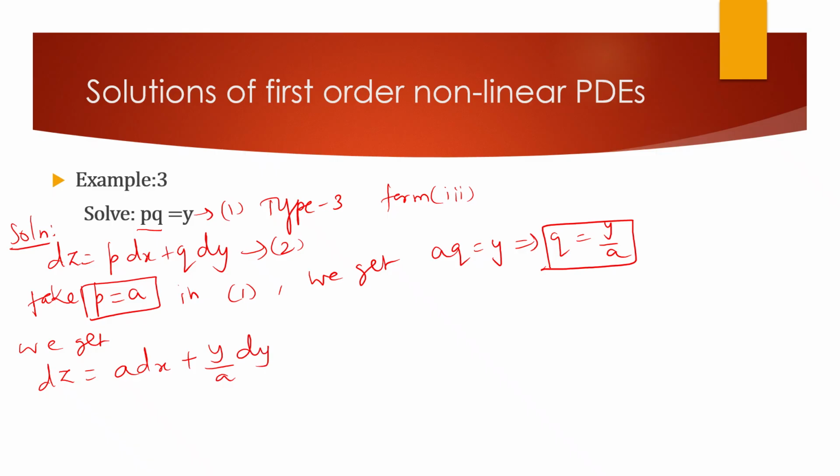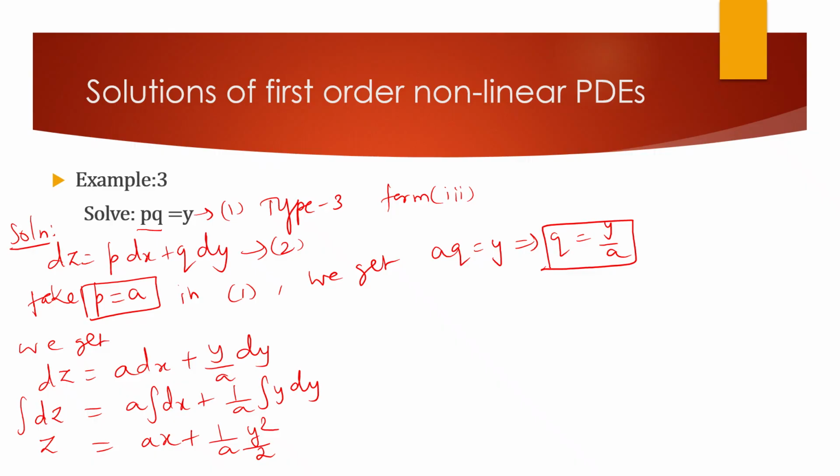Now integrating this, on the left hand side it is integral dz, and on the right hand side it is a into dx plus 1 by a into integral y dy. So on integration we get z is equal to a into x plus 1 by a into y square by 2 plus some constant c, which is the complete solution of the given equation.